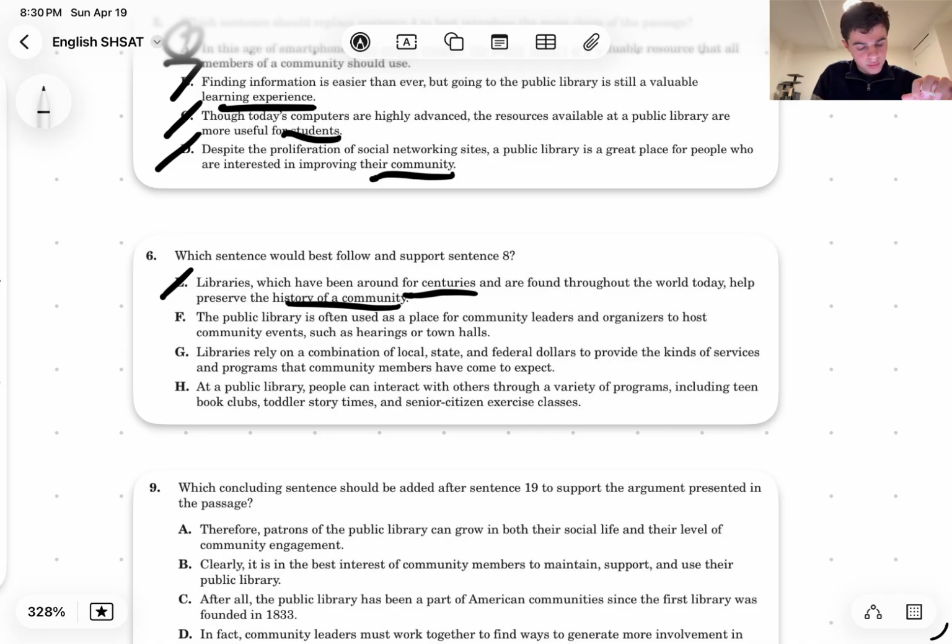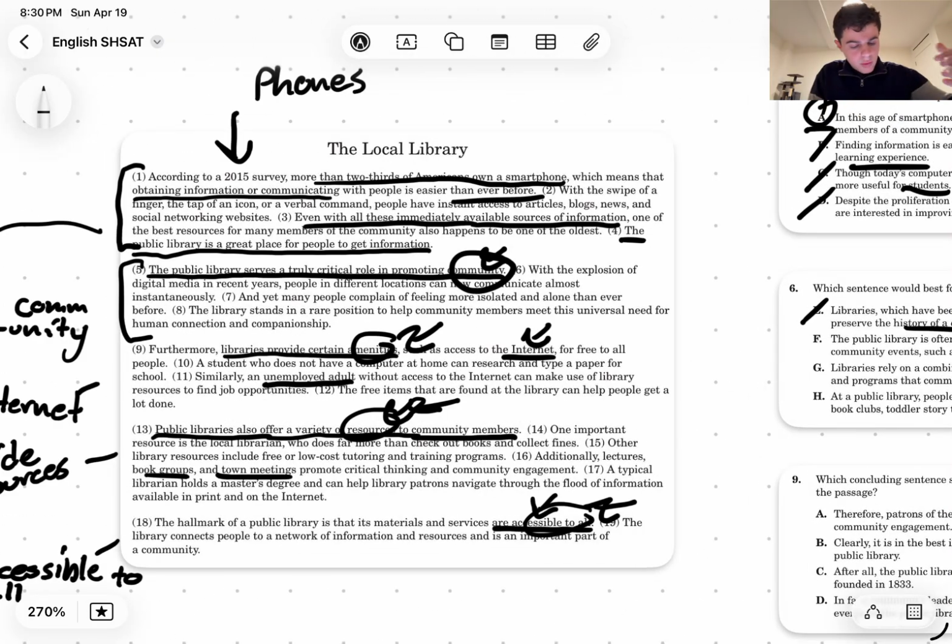F, the public library is often used as a place for community leaders and organizers to host community events, such as hearings or town halls. Well, let's go back here. This is too focused, right? Now we need a broader sentence, because here we're kind of going out. Here, we say, and yet many people complain of feeling more isolated and alone than ever before, right? So this is not a very specific thing.